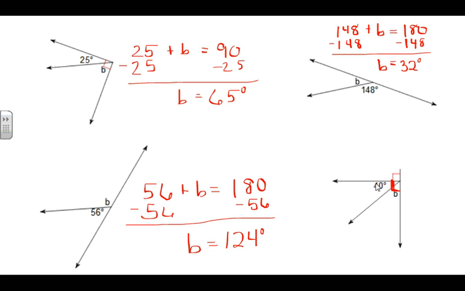So these two angles are a pair of complementary angles, 40 and B. So we can make this equation 40 plus B equals 90. If we subtract 40 from both sides of our equal sign, we will get that B equals 50 degrees.